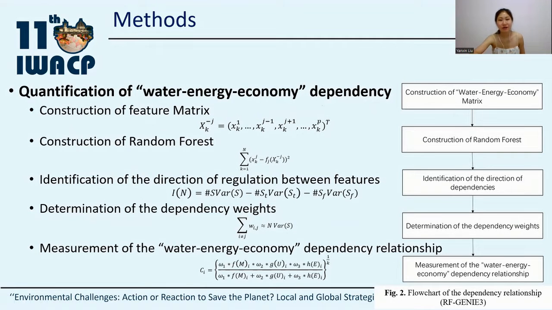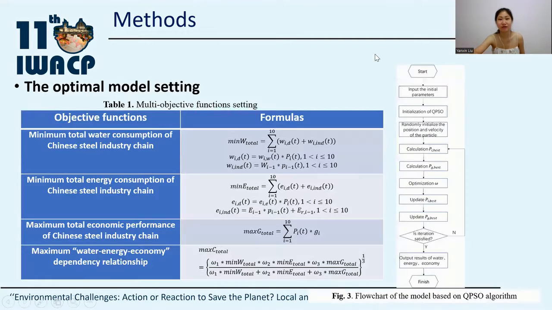About methods, before we build a model, we need to quantify the water, energy, and economy relationship. So we combine the random forest and Gene3, these 2 algorithms, to measure the relationship, and figure 2 shows the flowchart.